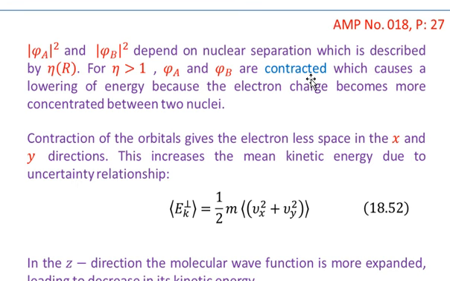So you see that if eta becomes greater than 1, then phi a and phi b, these two atomic orbitals, will be contracted, which causes a lowering of energy, because the electron charge becomes more concentrated between the two nuclei. So when phi a and phi b are contracted, this causes a lowering of energy, because the electron charge becomes more concentrated between the two nuclei.